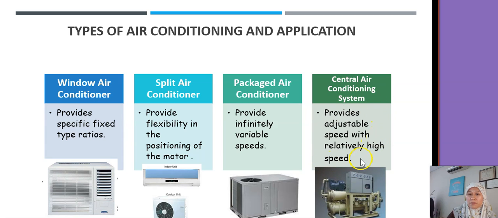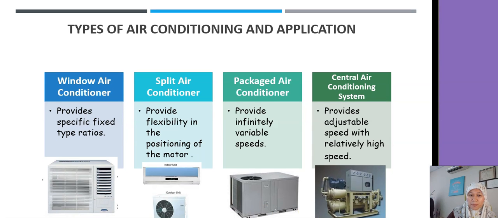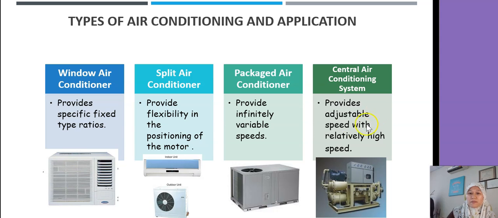So they need a bigger system which can provide air conditioning for the whole building. So these are the 4 types of air conditioning based on how big your area is. So you need to choose the right one.